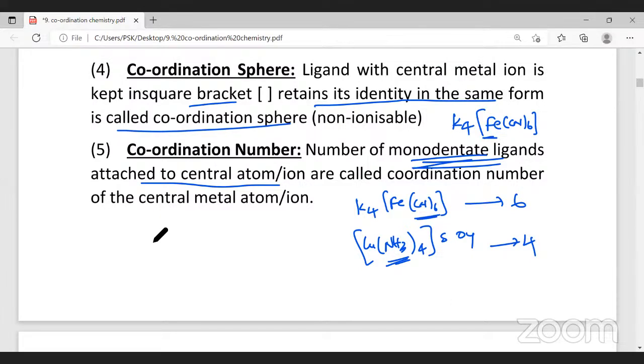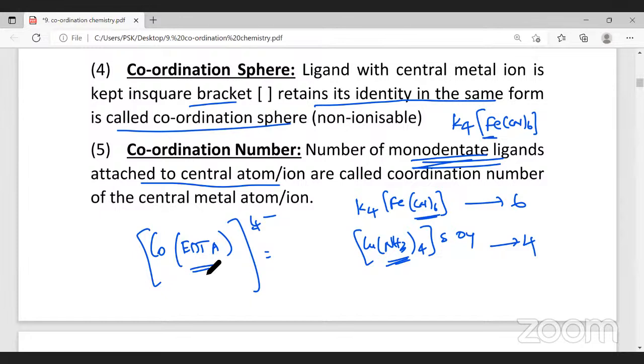Now, what is the coordination number of this? If you have understood so far what we were talking about, tell me what will be the coordination number of this? Students: 4, sir. No, no. EDTA is a hexadentate ligand.